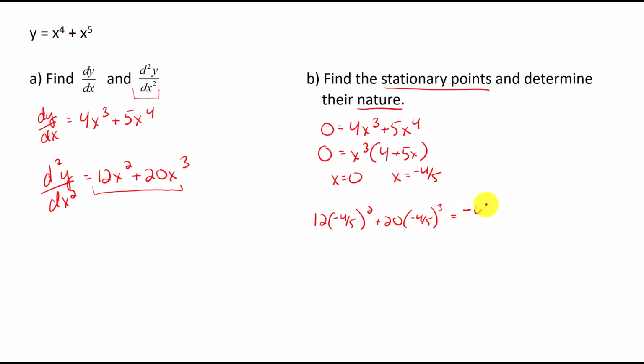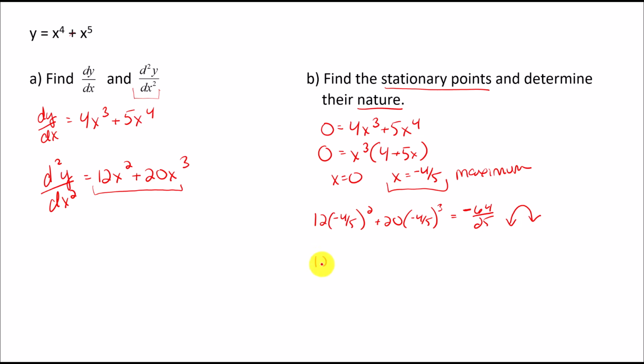I get negative 64 over 25. I don't really care about the value. I care about the fact that at this stationary point, the second derivative is negative, which means I have to be concave down. And so I have to have a maximum. So I know that this is going to be a maximum.